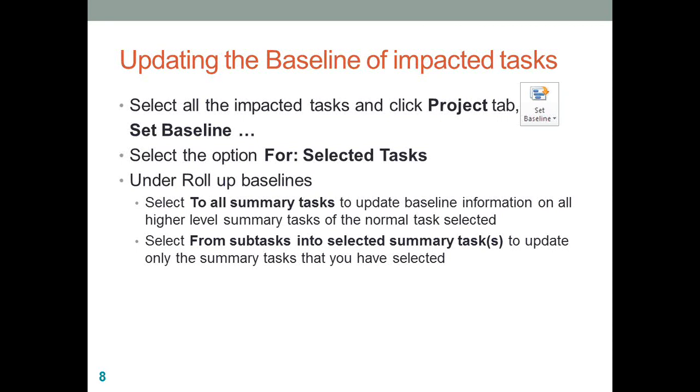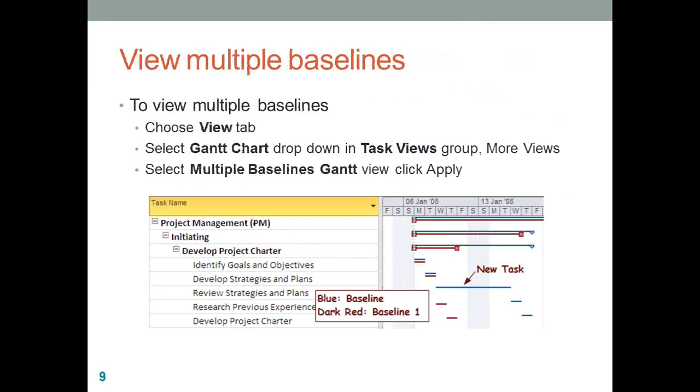Please remember that if you have a requirement that this activity will have an impact on your project summary or your summary task, total duration or effort, turn on the roll-up baseline option if required. And to view the multiple baselines, just go to the View tab, go to the Gantt chart and select multiple baseline and say apply.